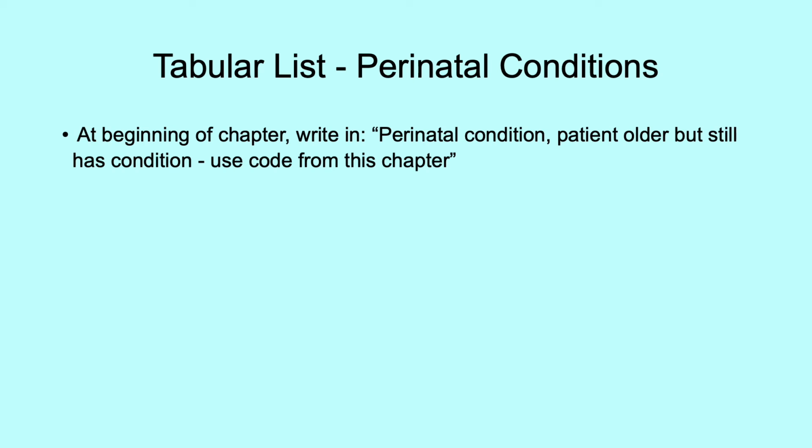Okay, in the perinatal conditions, at the beginning of chapter 16, write in perinatal condition, patient older but still has condition, use code from this chapter. So if I'm in my 60s, say, and I have something that occurred when I was a newborn or in utero, you're still going to use a code for the perinatal condition, even though I'm not even close to perinatal anymore.